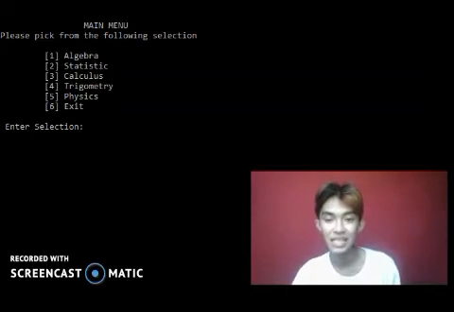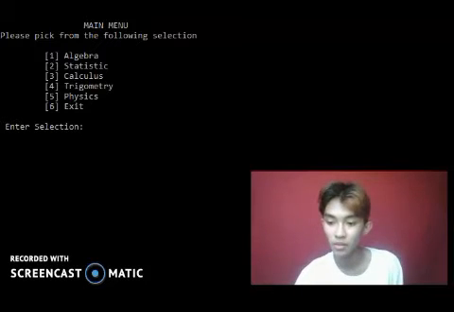Let's continue. As I said before, the first thing that will appear on the screen is the main menu, where the user can select from the following: 1. Algebra, 2. Statistics, 3. Calculus, 4. Trigonometry, 5. Physics, and 6 is the exit button. So for number 1, let's choose algebra first.